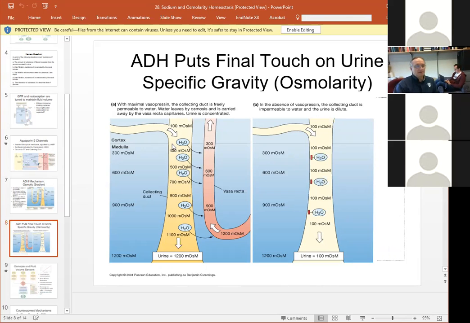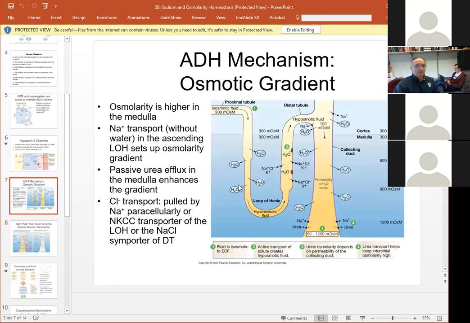The nascent urine gets dilute in the ascending limb of the loop of Henle. I'm thinking of this figure as I say that, which also shows the more concentrated interstitial fluid. How does it get more dilute as the nascent urine goes up the ascending limb of the loop of Henle? Go.